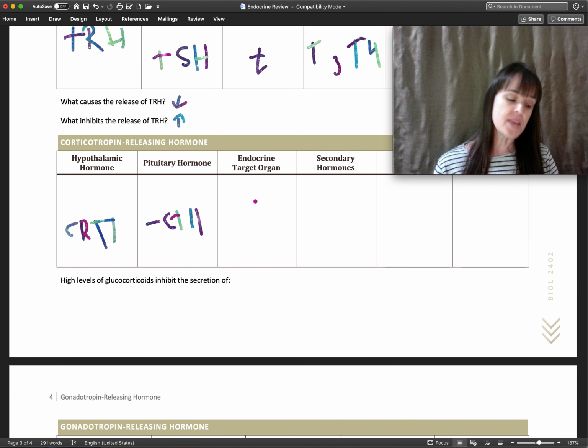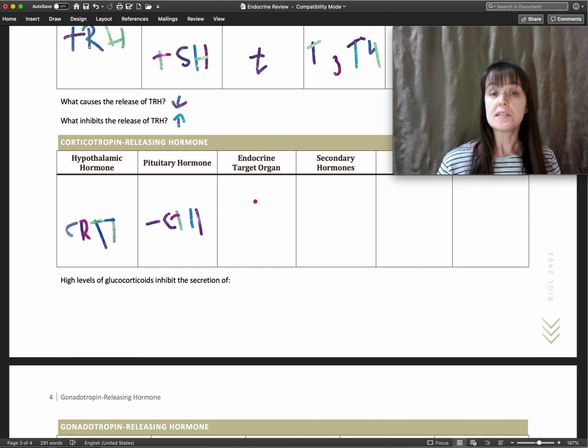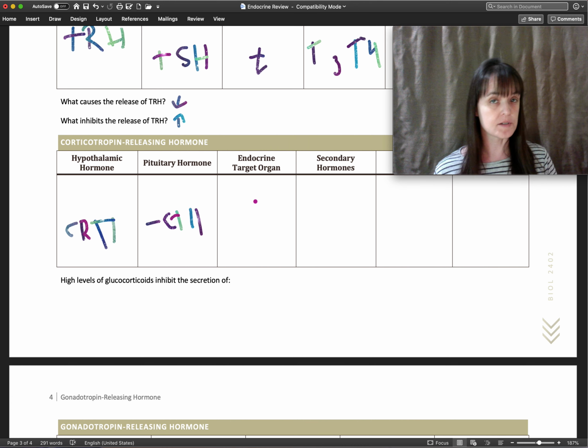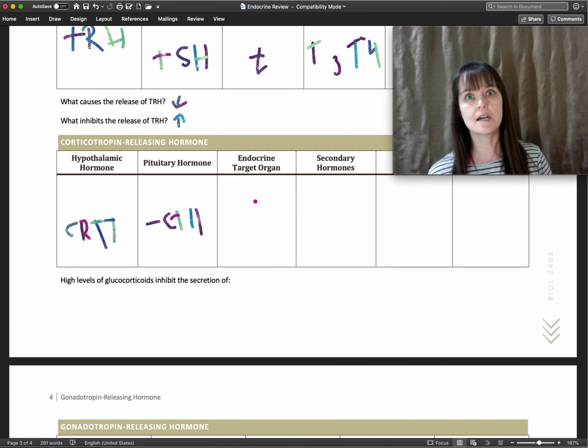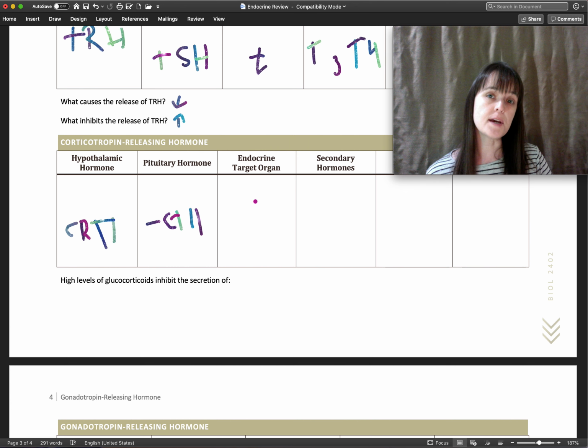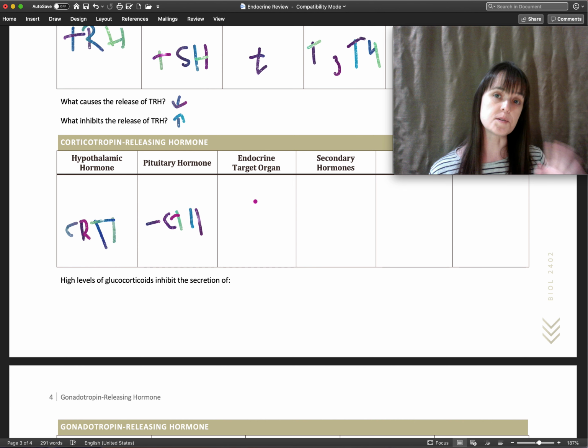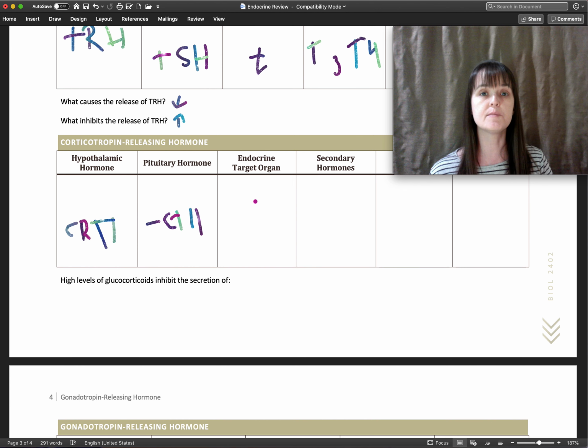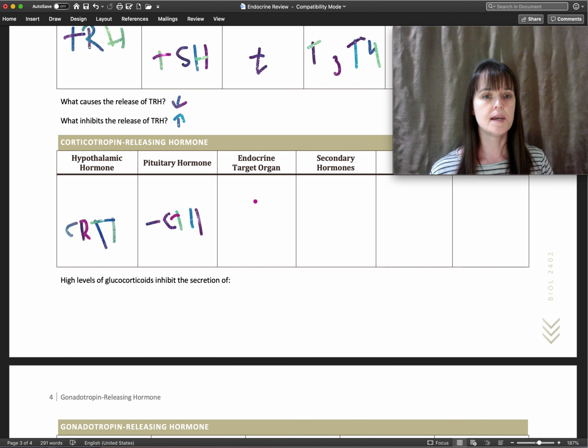The endocrine target organ is the adrenal cortex, and the secondary hormones are glucocorticoids and androgens. Targets, lots of targets for the glucocorticoids. The effects run from glucose metabolism to anti-inflammatory, with a lot of details in between, but those are the two main concepts.